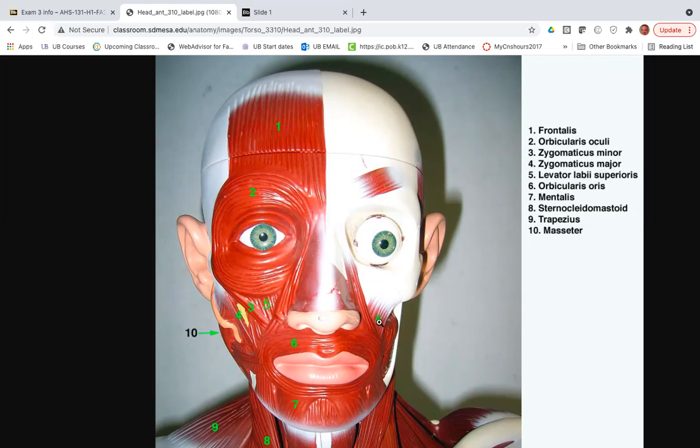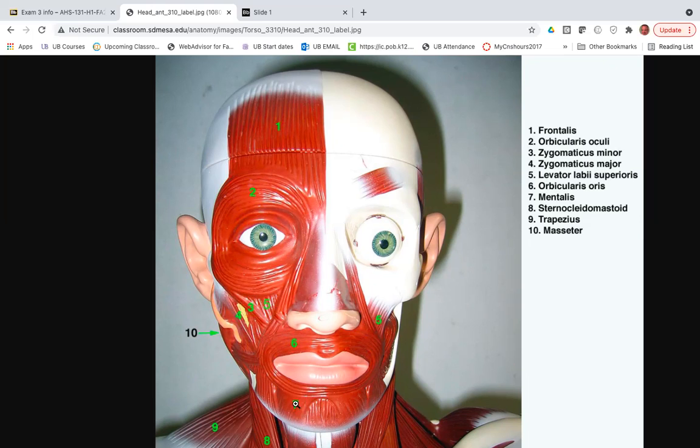Number 5, here, levator labii superioris, as well as this one here. And then 3 and 4 are going to be the minor and major. So number 3, zygomaticus minor. Number 4, zygomaticus major. Both of these are going to the zygomatic bone. Minors are always above majors.